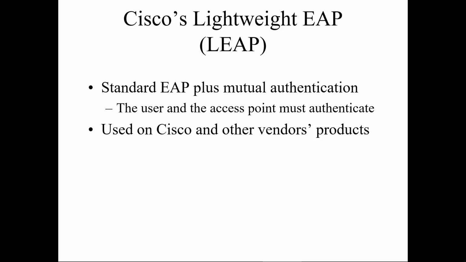If that's too protocol heavy, Cisco has a Lightweight EAP that allows for mutual authentication. That way the user and the access point must be authenticated. That way you can verify that you're truly authenticating your wireless user against the appropriate Cisco device that is then authenticating against the appropriate RADIUS device.